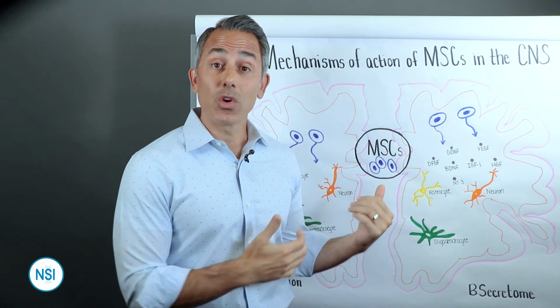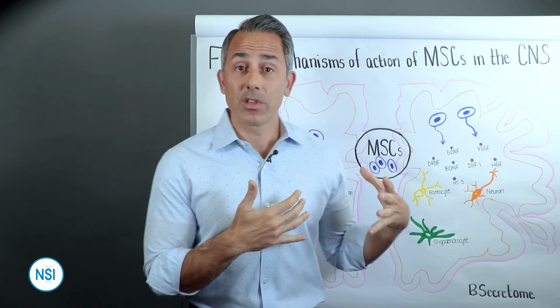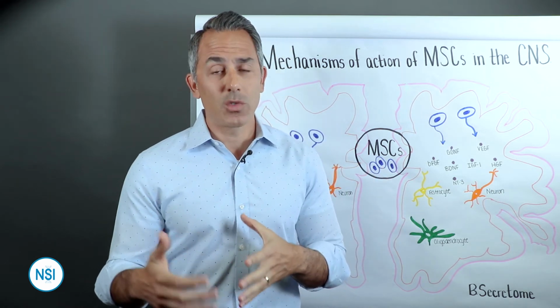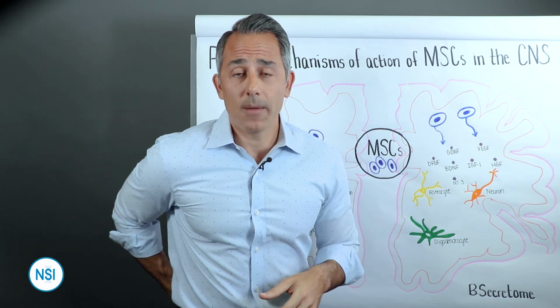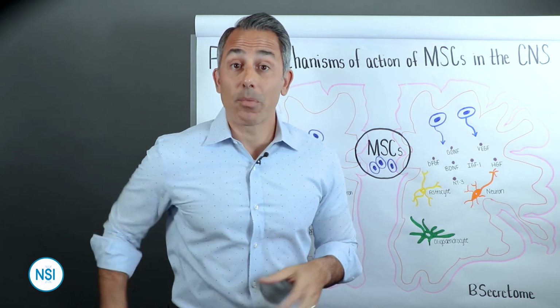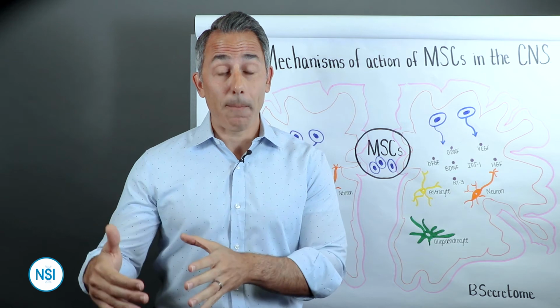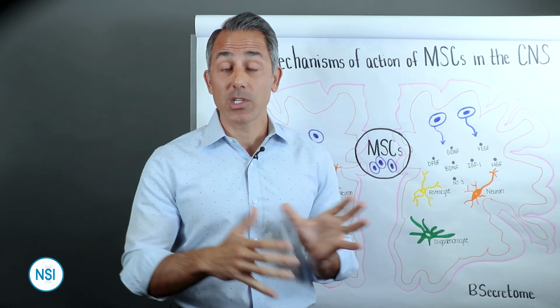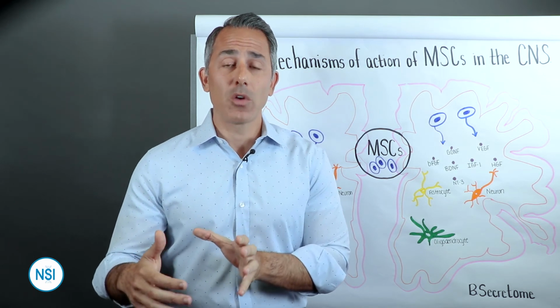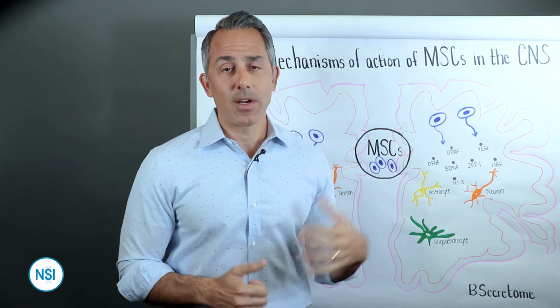If it's a central nervous system issue, we have to deliver them in such a way to get them to those areas, and we do it in a very safe manner via a lumbar puncture. It is a very common approach for applying stem cells for that purpose, and it allows us to do it safely but also to get those stem cells to the areas that are damaged.